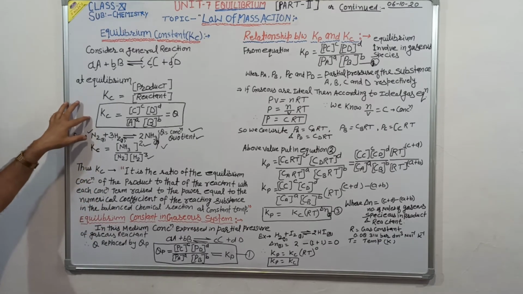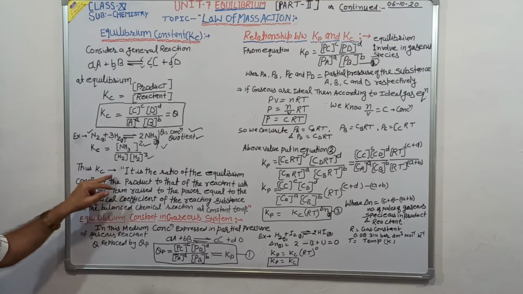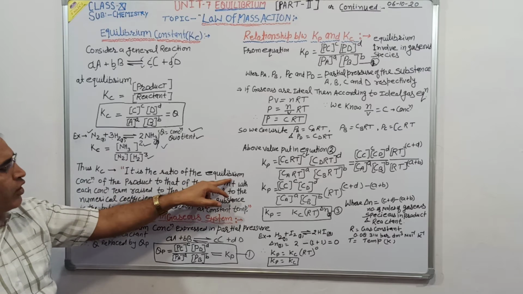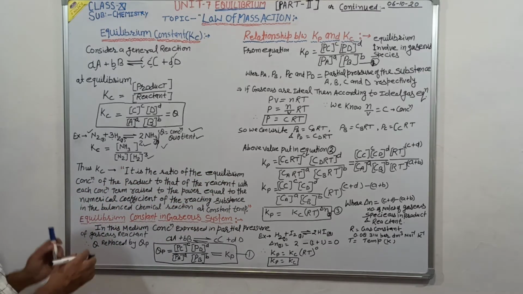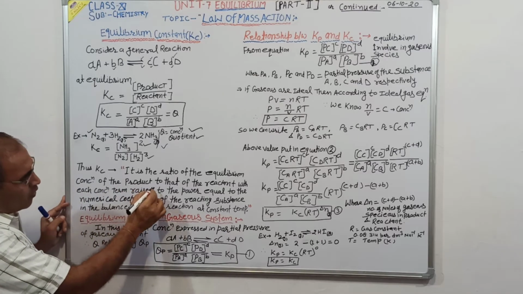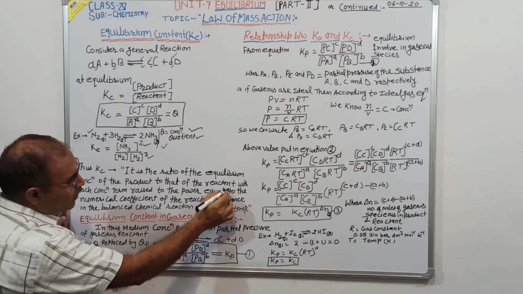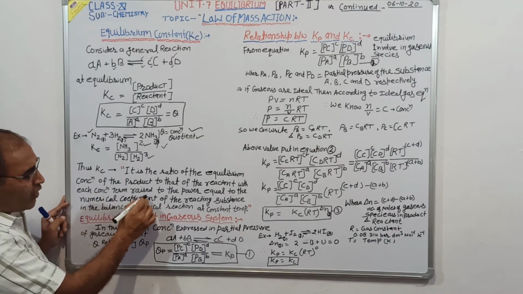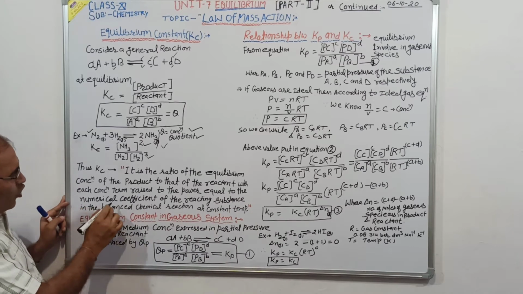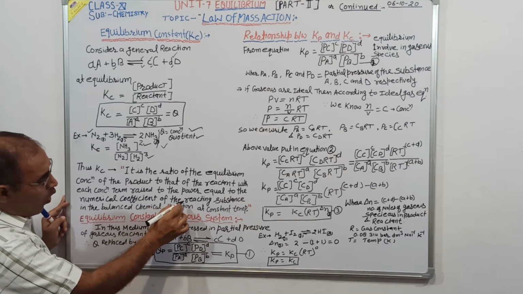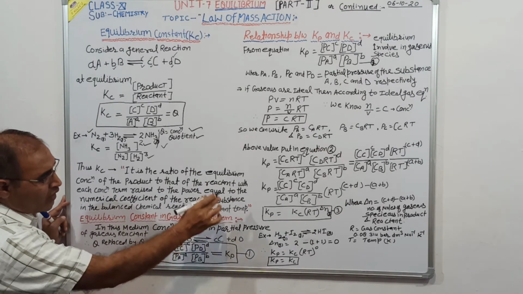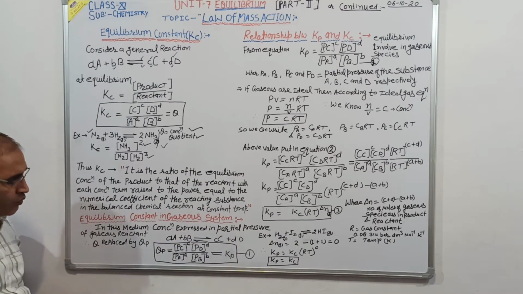So we can understand Kc as the ratio of the equilibrium concentration of the product to the reactant, with each concentration term raised to the power equal to the numerical coefficient of the reacting substance in the balanced chemical reaction, at constant temperature.